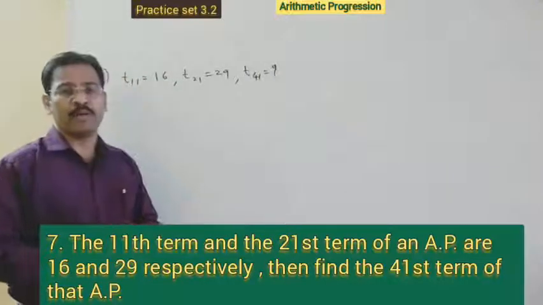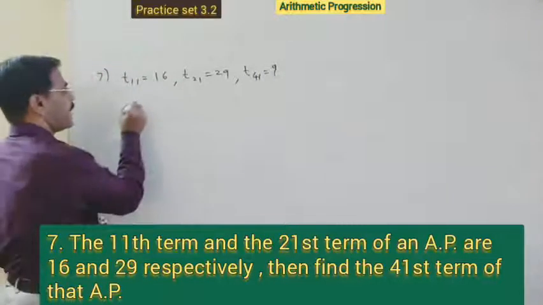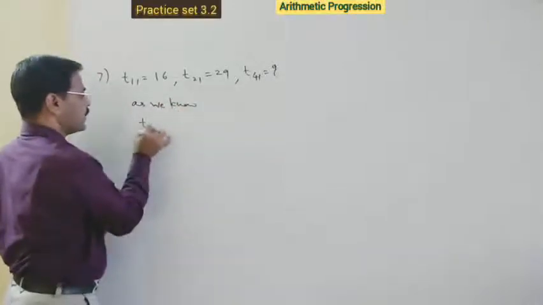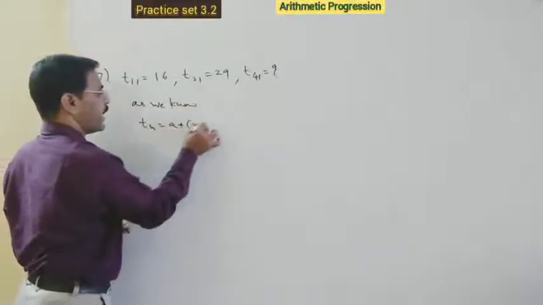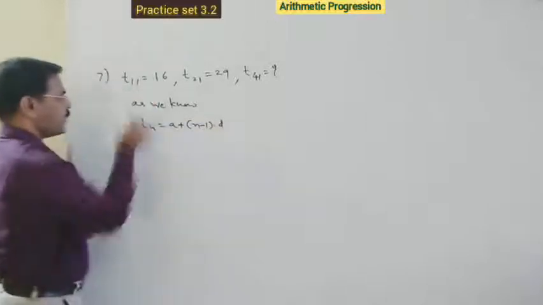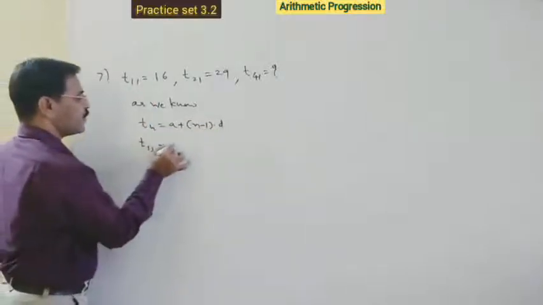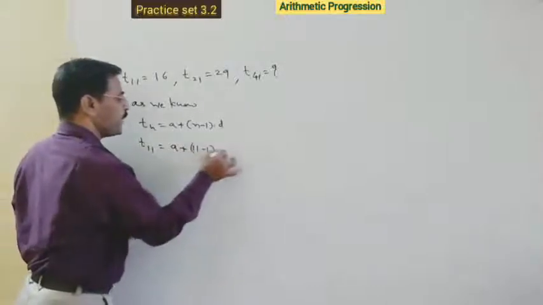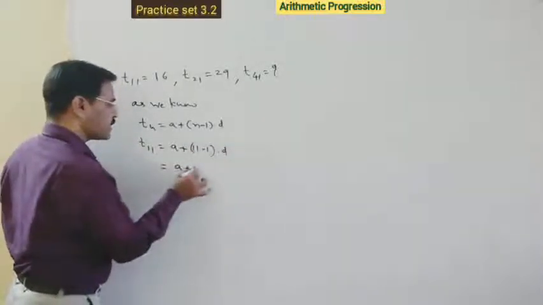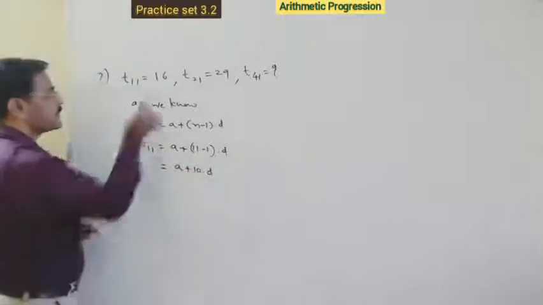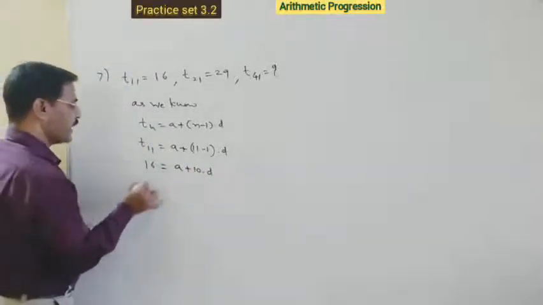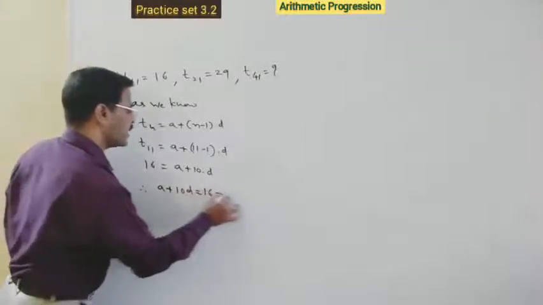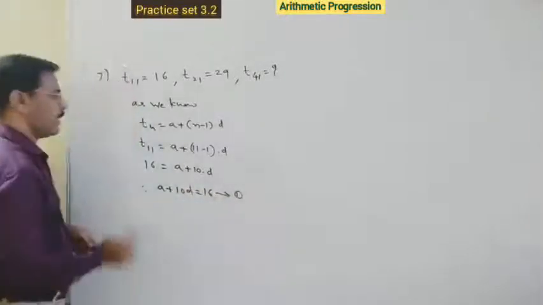Okay, see first. As we know the formula, Tn is equal to a plus n minus 1 into d. Now I'll write T11 is equal to a plus 11 minus 1 into d, means a plus 10d. And this T11 is 16. Hence we can write a plus 10d is equal to 16. This is equation number 1.